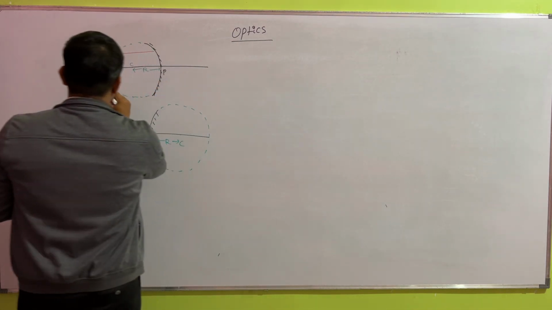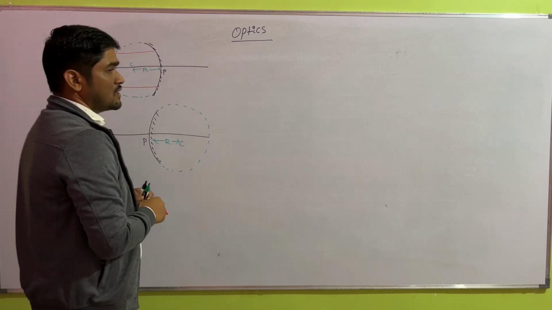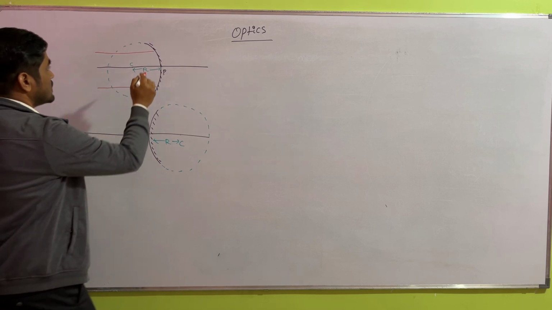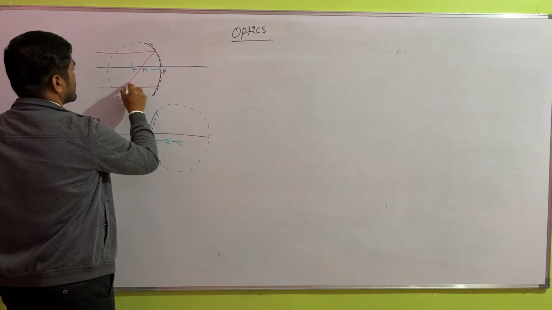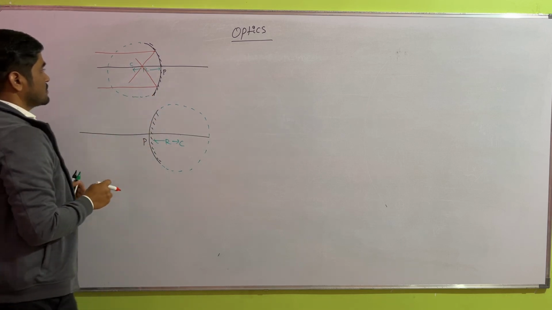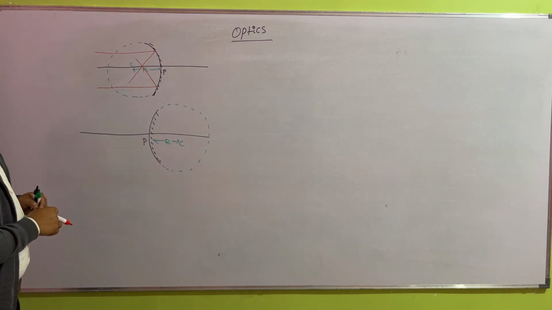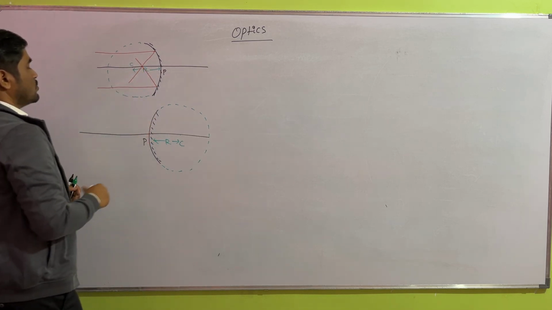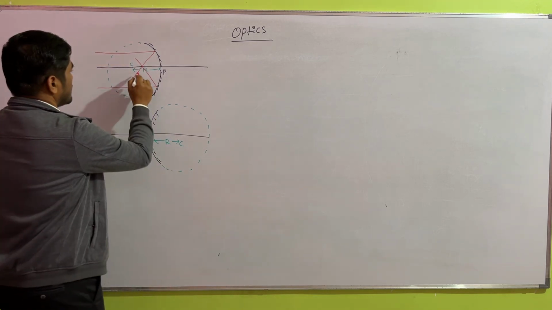So these two rays that come from infinity are parallel to the principal axis, and after reflection through the mirror, they will pass through a point. Clear? They pass through a point, and the point through which they pass is known as focus F.